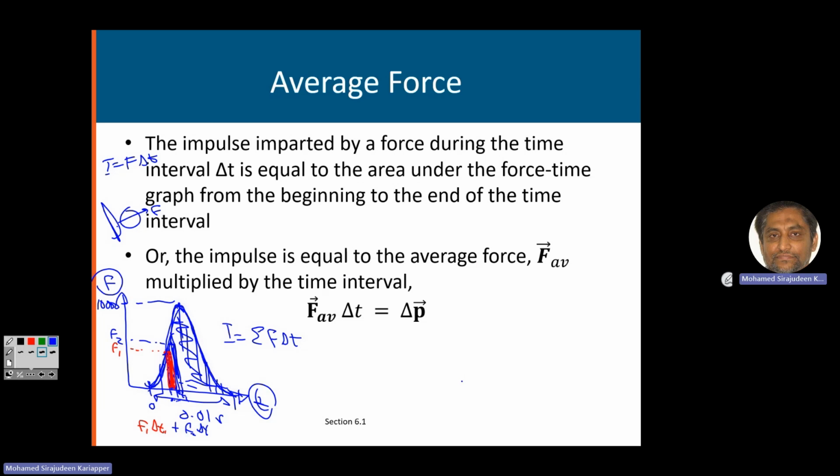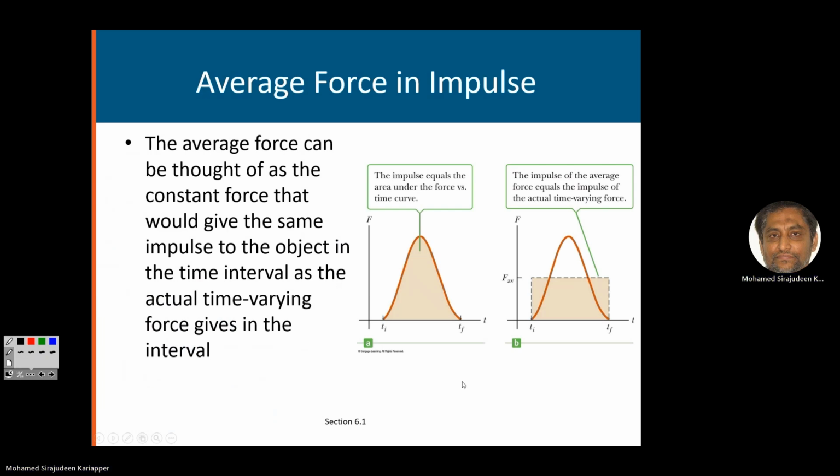So we will do another trick. What is that? Say this is the actual force. It varies with time. And the impulse will be the area under this curve. Good. We will introduce the average value for this force. This is the varying force.